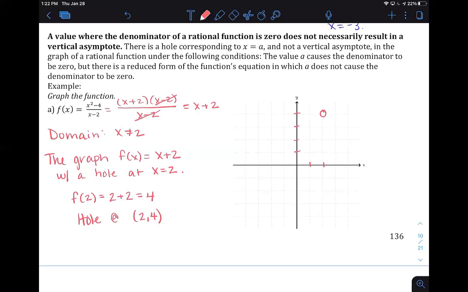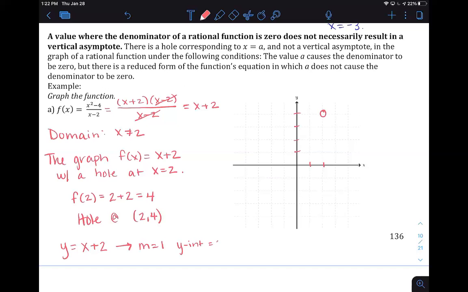Well, now let's graph our function. We have y equals, or f of x equals x plus 2. Well, what's that a graph of? A line with what information? What do we know about it? It's a slope of 1 and a y-intercept of 2.